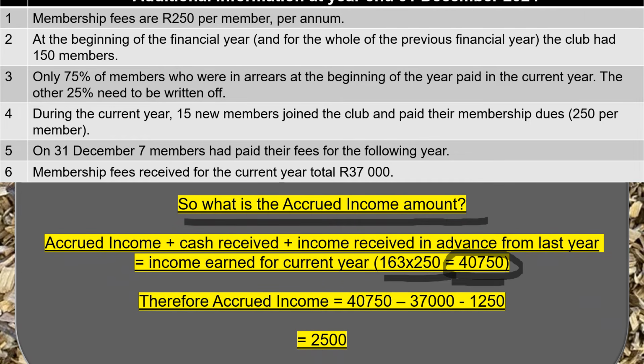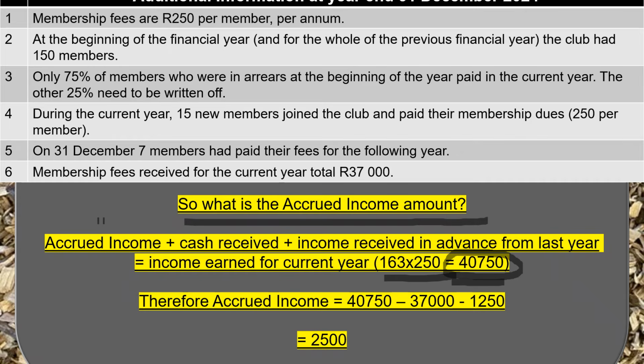What makes up the income earned for the current year? It is the accrued income, which means income, membership fees that we have earned but not yet received, right? That is the definition of accrued income. We've earned it from members, but they haven't paid us.